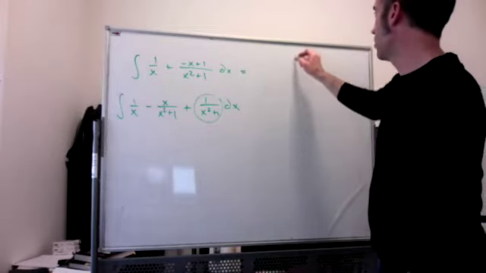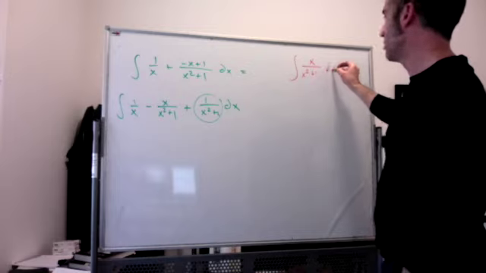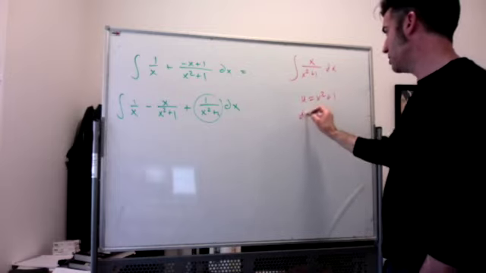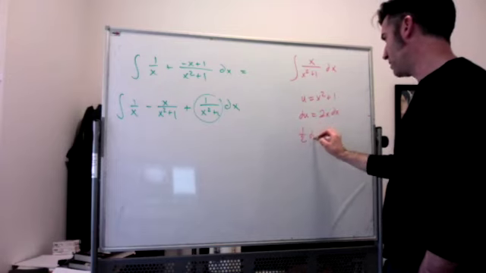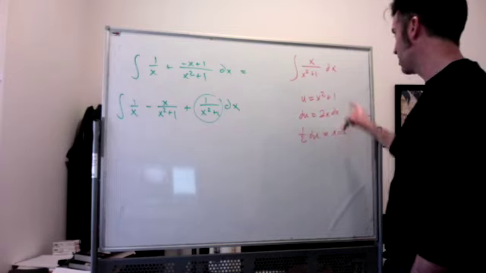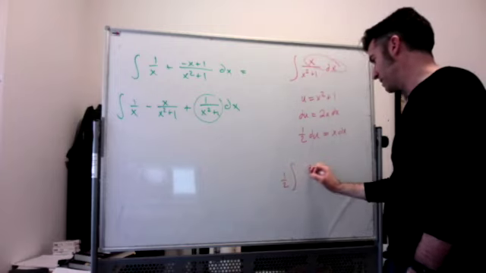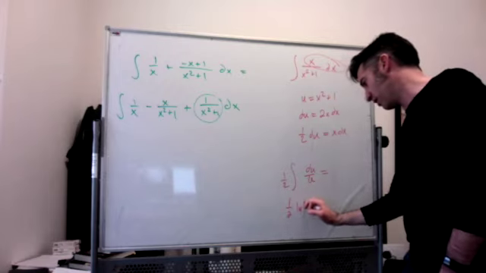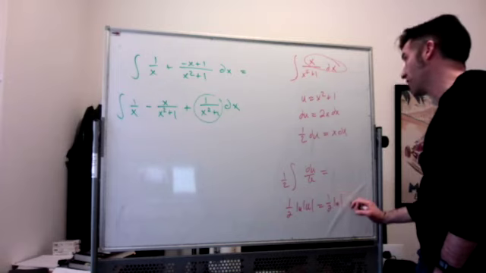The integral of x over x squared plus 1, I'm going to let u equal x squared plus 1. du is 2x dx. 1/2 du is equal to x dx. So this becomes 1/2 du over u, which is 1/2 the natural log of the absolute value of u, which is 1/2 the natural log of the absolute value of x squared plus 1.